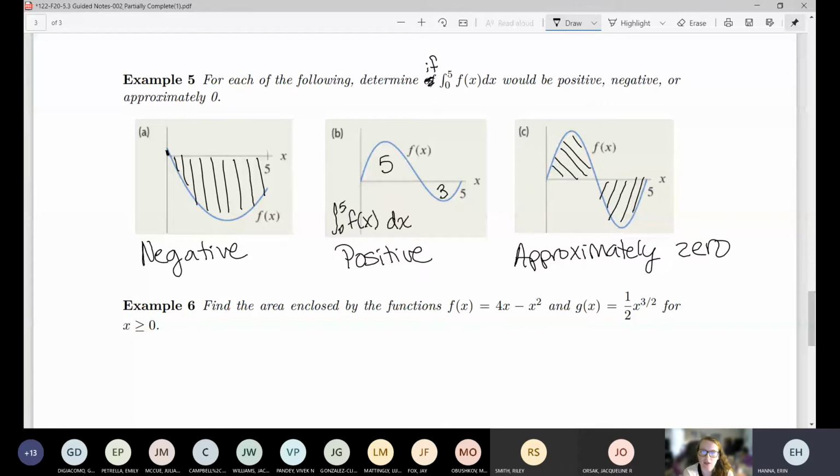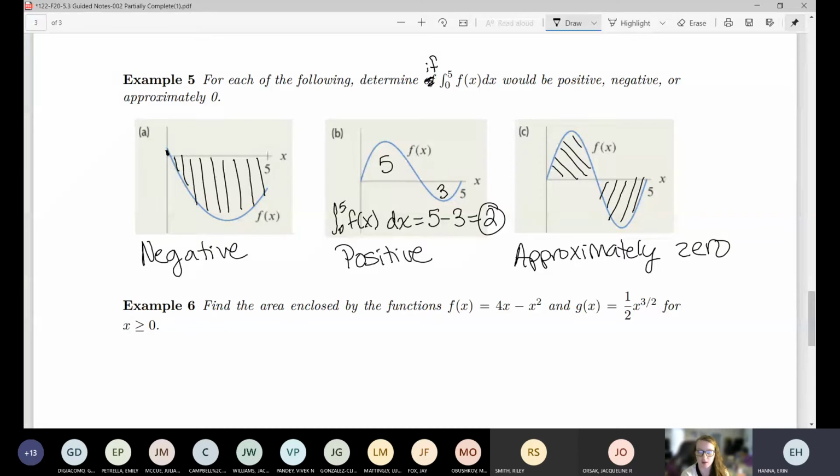You can actually calculate that now, because that would end up being 5 minus 3. So the answer would be 2, because the area above the x-axis is positive, the area below the x-axis is negative. Since I'm asked to calculate a generic integral, the 5 is positive and the 3 is negative.